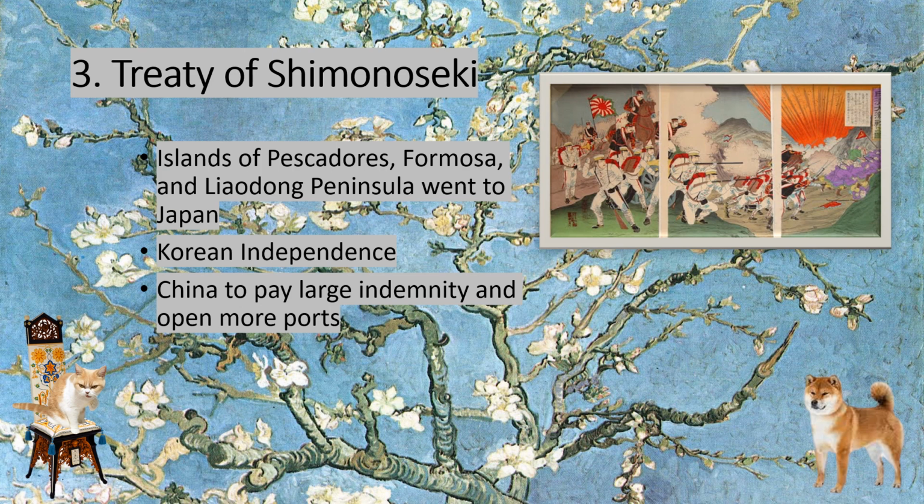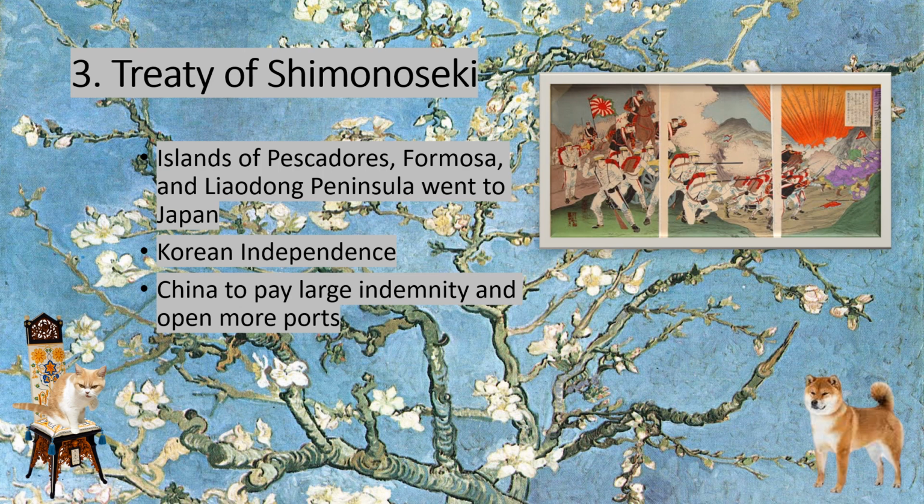So, as a result, they negotiated the Treaty of Shimonoseki. It was signed by both countries in April 1895.